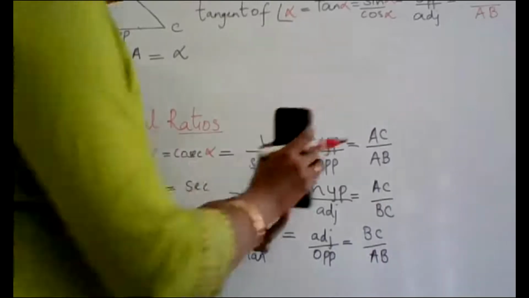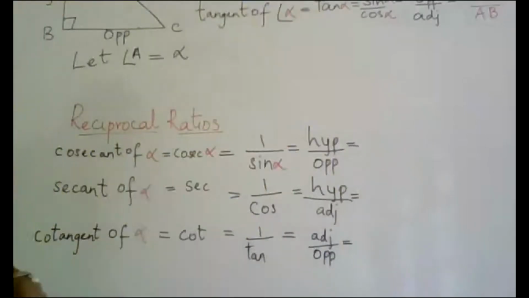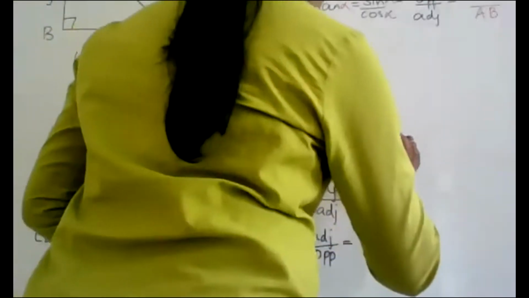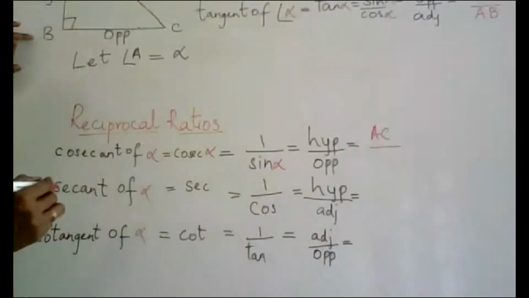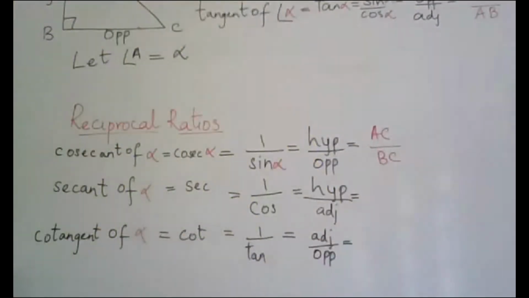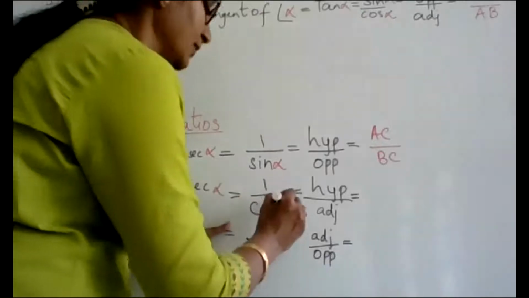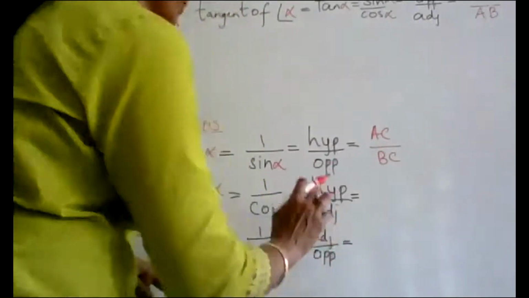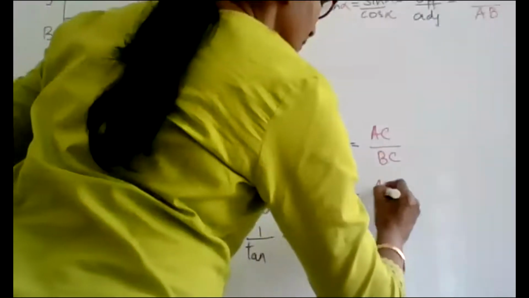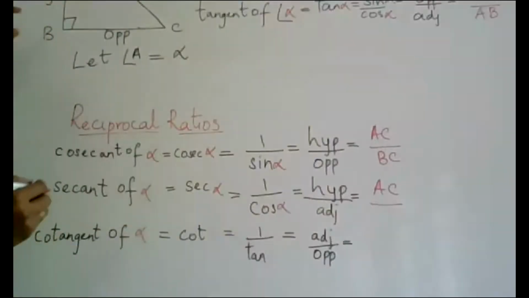Hence you will have to go back and identify in your triangle the hypotenuse, which is AC, divided by the opposite, which is BC. Next, the secant of alpha, which is 1 by cos alpha, which is hypotenuse by adjacent. Hypotenuse is AC divided by the adjacent, which is AB.